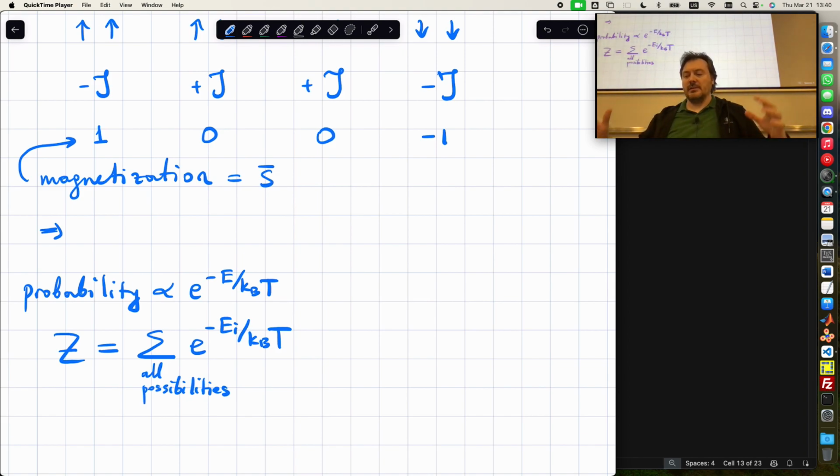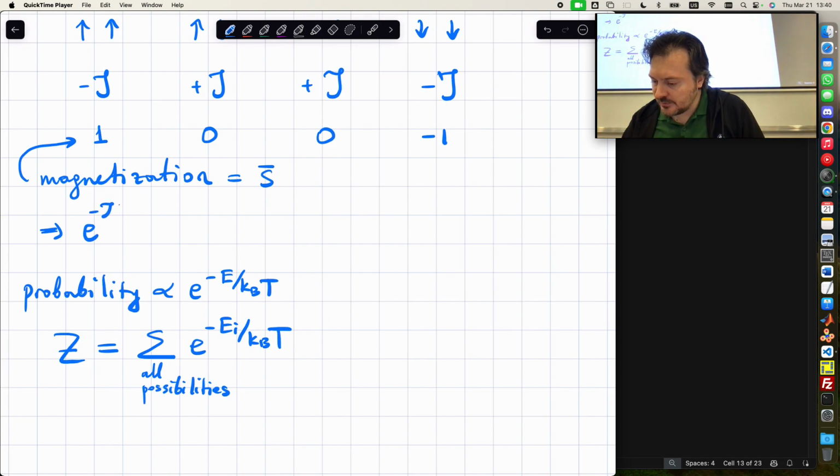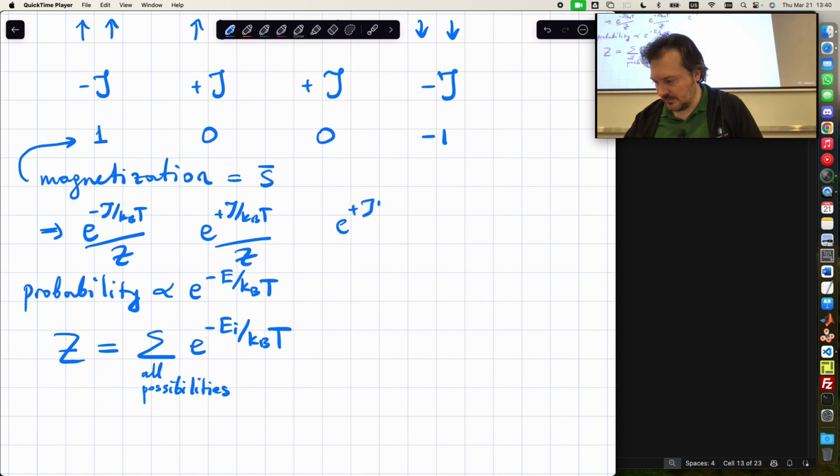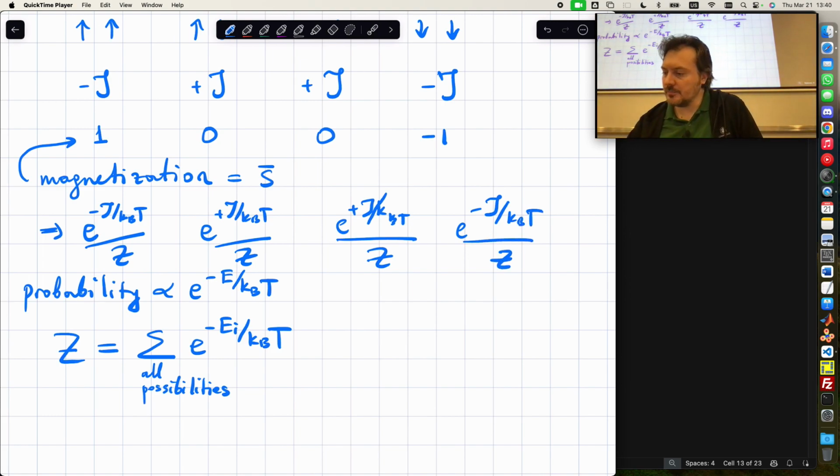Now this is the total function. But each one of them has a particular probability, right? Each one of them has e to the minus J over kBT over Z. This one has e to the plus J over kBT over Z. This one has e to the plus J over kBT over Z, e to the minus J over kBT over Z. What does it tell you?